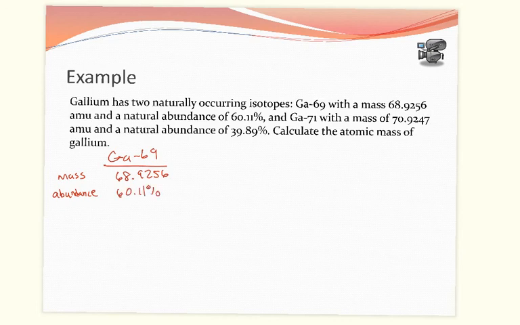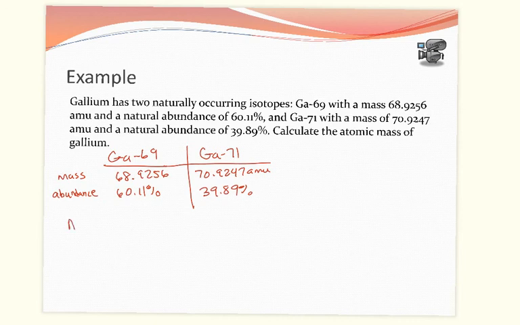So 60.11% of any given sample of gallium is going to be our gallium-69. Okay, and our gallium-71 has a mass of 70.9247 AMU, and its abundance is 39.89%, so it's a little bit less abundant.